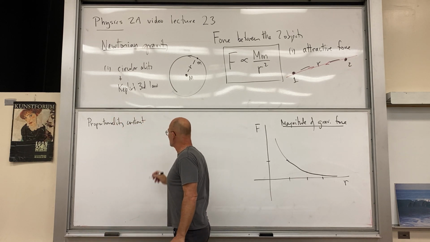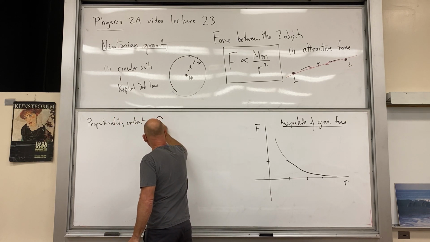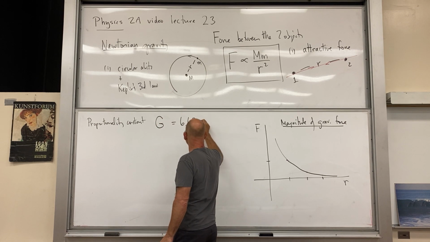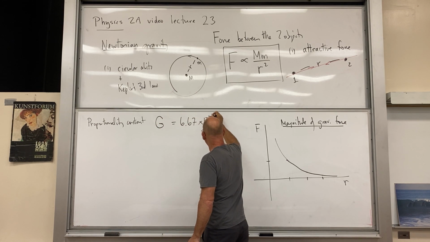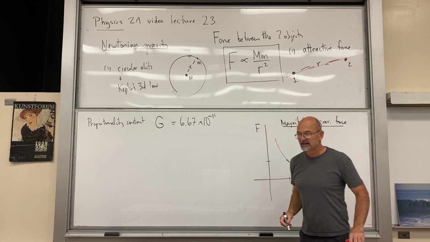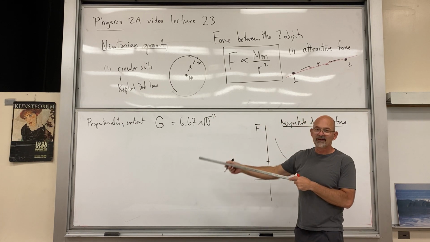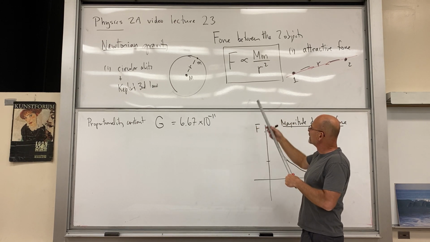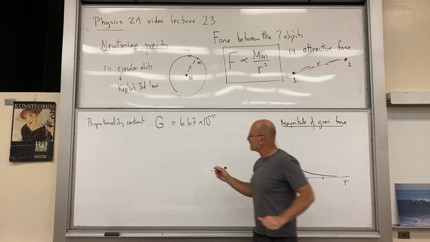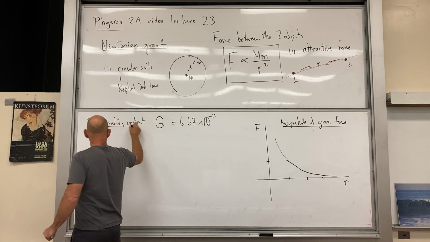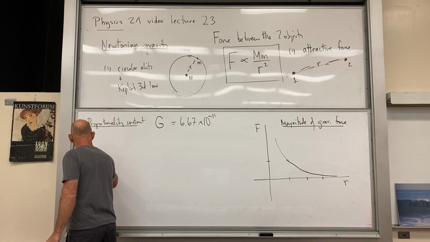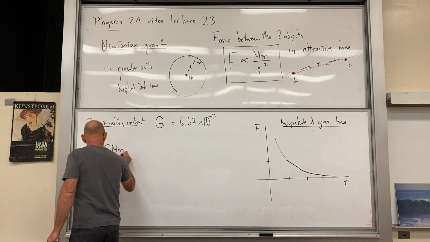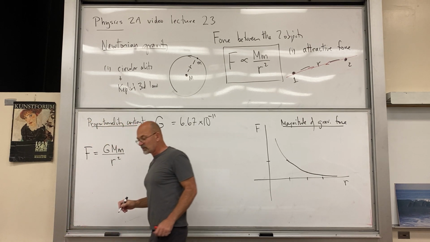And that gets the letter capital G, 6.67 times 10 to the minus 11. 10 to the minus 11 what, you might ask? Well, let's go ahead and look at the units of this thing here. So the proportionality constant makes our force law look like G m1 m2 over r squared.